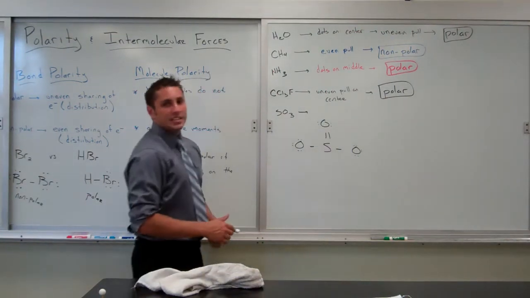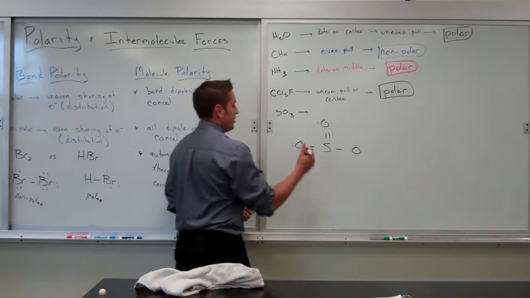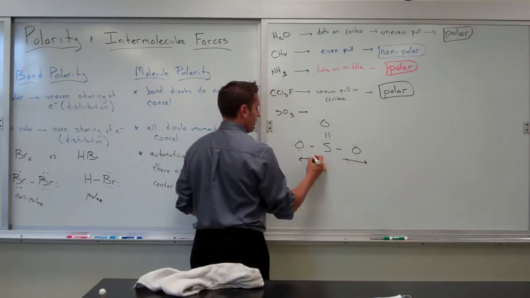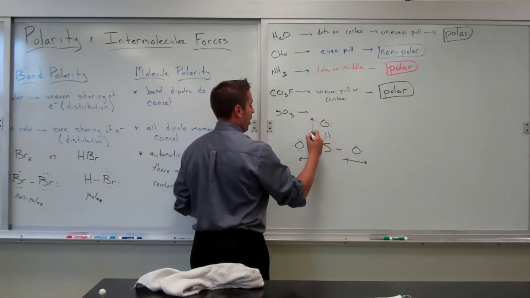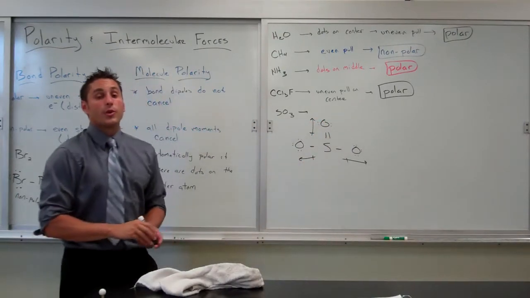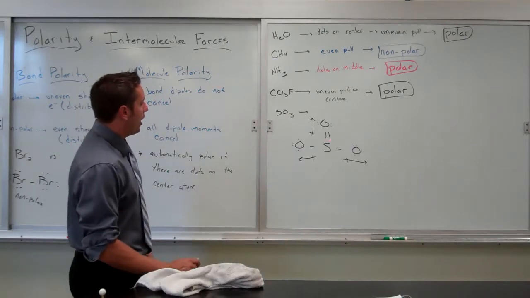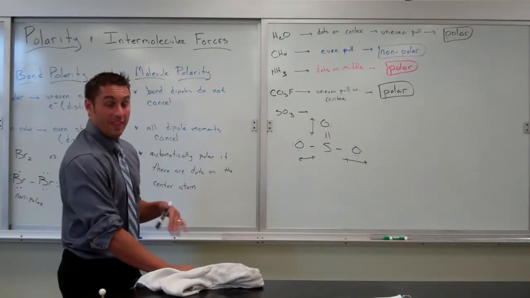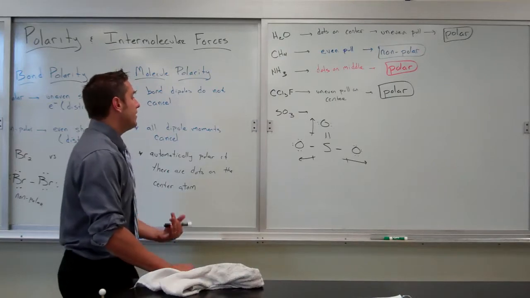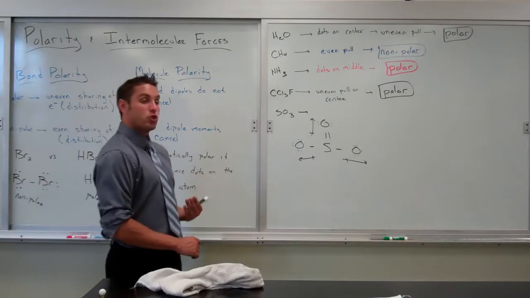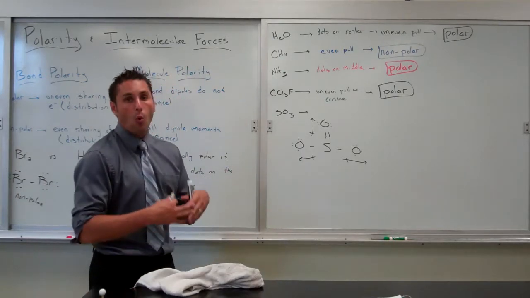Then we look to, is it pulled on evenly? And you'll see we have an O pulling this way, an O pulling this way, and a double bonded O pulling this way. So the real question becomes, does a double bond pull differently than a single bond? And believe it or not, the answer is no. A double bond and a single bond and a triple bond all pull the same way.